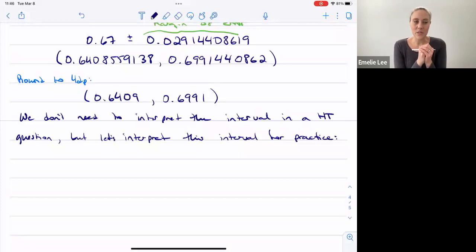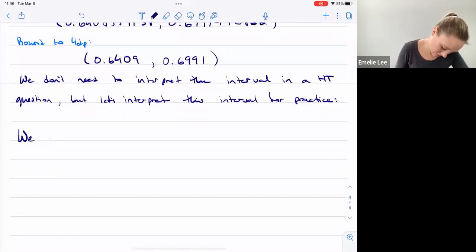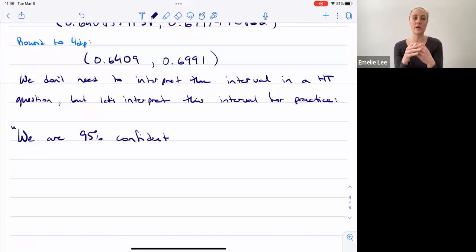We built a 95% confidence interval, so we are 95% confident, right? That's where we start. That the interval from 0.6409 to 0.6991 captures the population proportion of adults who have an RRSP when? In 2012, because that's our population.